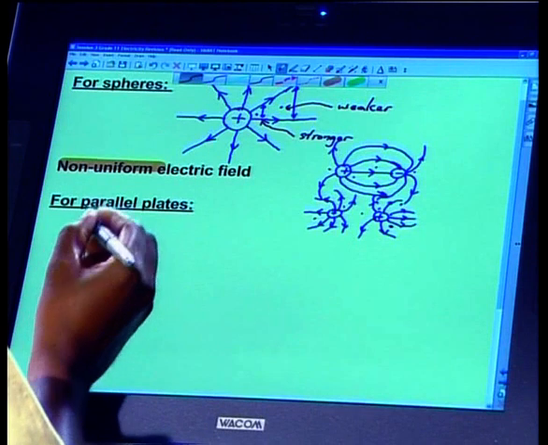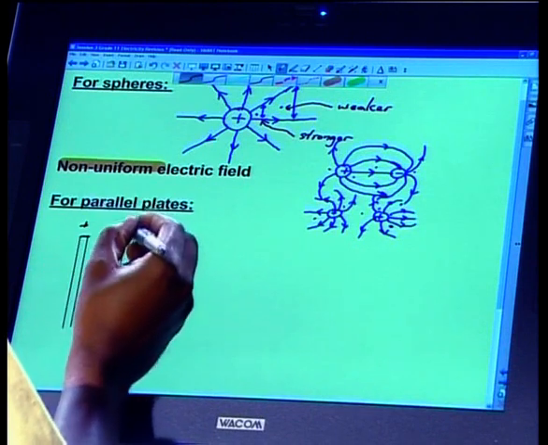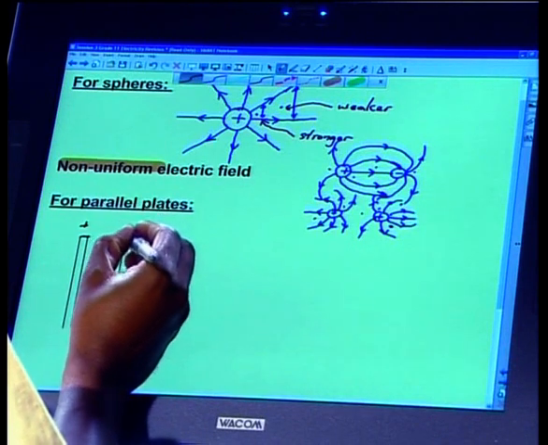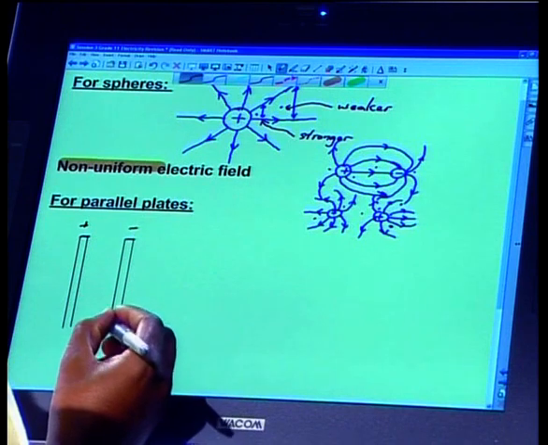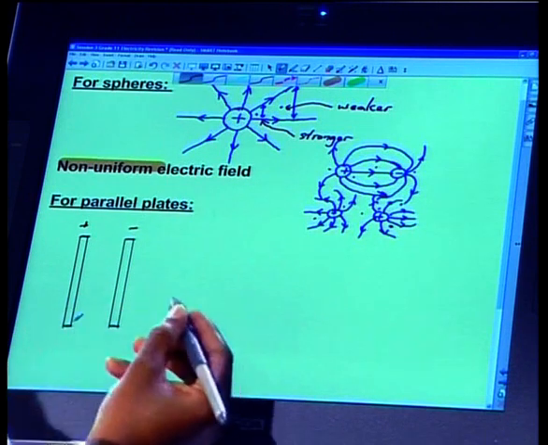Now, if this is, say, positively charged and this is negatively charged, the two plates are oppositely charged.